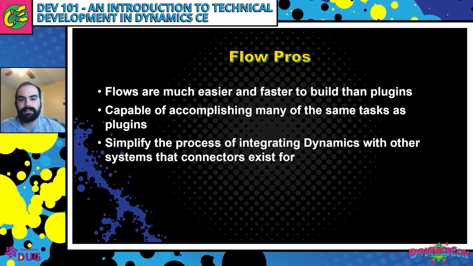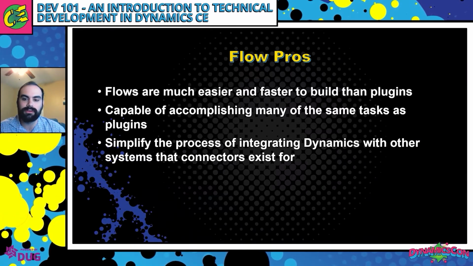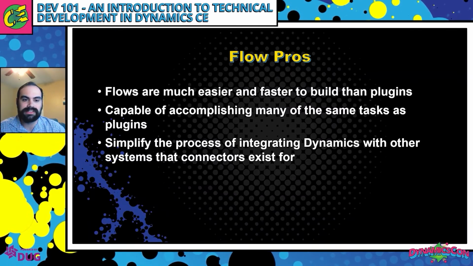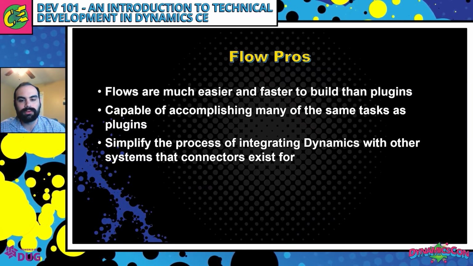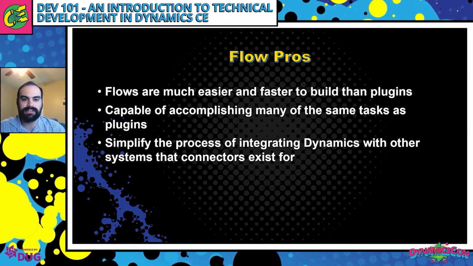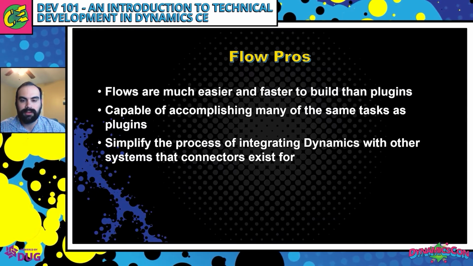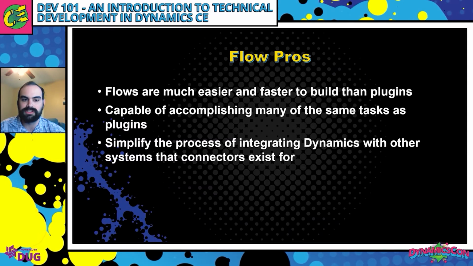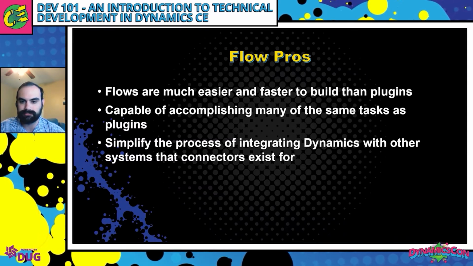They are capable of accomplishing many of the same tasks as plugins, so if you need to update records or query data or things like that, then you can often use a flow much more easily than you can a plugin. Finally, flows simplify the process of integrating Dynamics with other systems that connectors exist for. This can result in significant reductions in the time to build an integration if you are using Flow to do it than if you are using a plugin to do it.